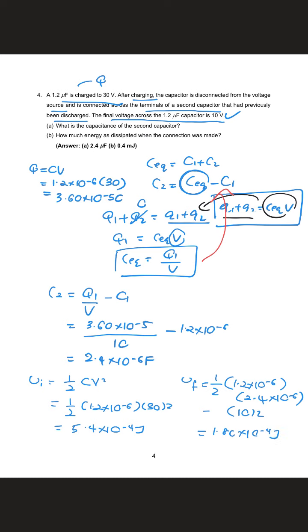The question asks for the energy dissipated, which means initial minus final: 5.4 × 10^-4 minus 1.80 × 10^-4. Therefore you get 3.6 × 10^-4 joule.